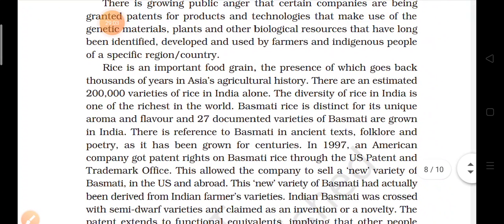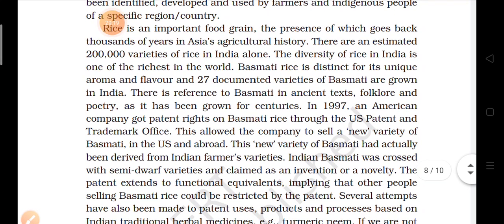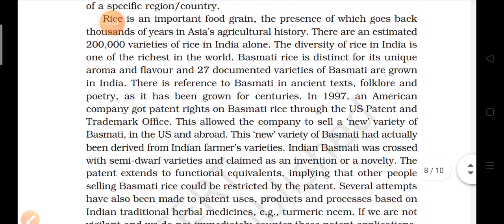Now rice is an important food grain, and in India it is produced in large amounts. If we talk about the varieties of rice, near about 2 lakh varieties are grown in India, so we can say that India has the richest diversity in the field of rice.